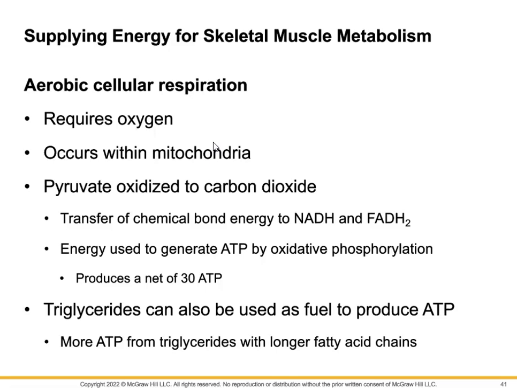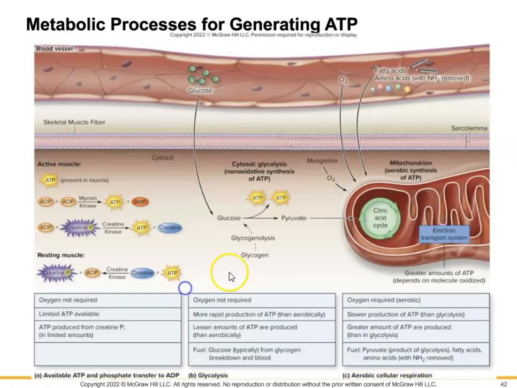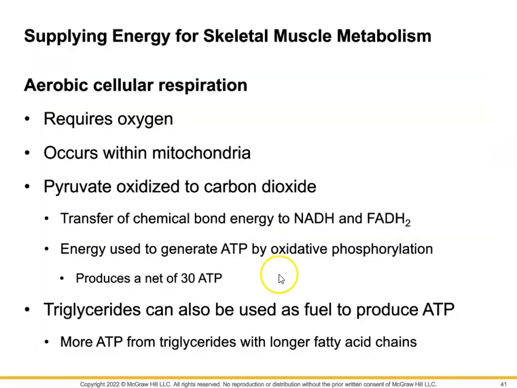So even though it takes much longer for cellular respiration to occur and produce that ATP, we produce many more ATP molecules with aerobic respiration. So let's just quickly think back about this. During glycolysis, we break that glucose molecule down.